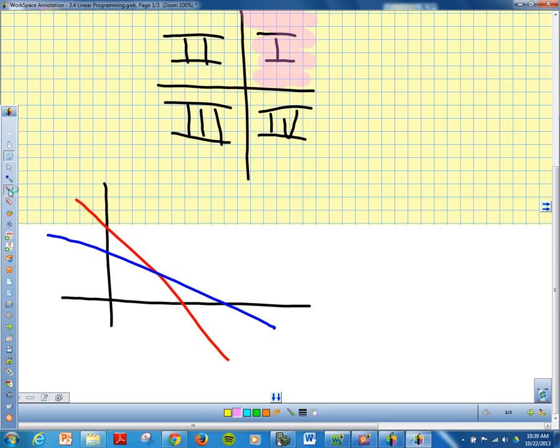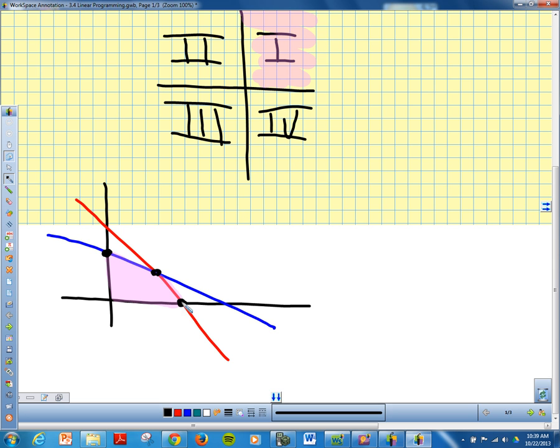We're going to be graphing lines with inequalities, and your feasible region will almost always, I can't say always, but almost always be in the corner by 0, 0. What you're going to have to figure out is the corners of the feasible region.